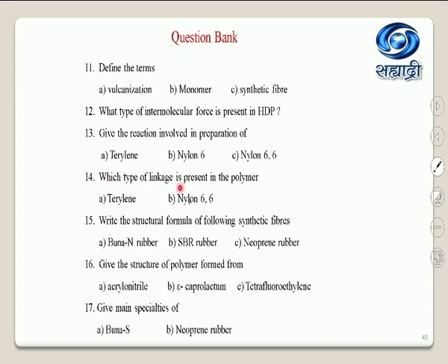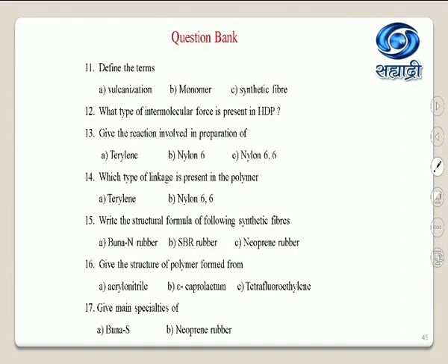Then which type of linkage is present in the polymer? We have studied terylene, nylon 6 and also other polymers. So you have to mention what type of linkage is present, amide linkage or ester linkage or amino linkage. Write structural formula of the following synthetic polymers, that means Buna rubber, SBR rubber, neoprene.